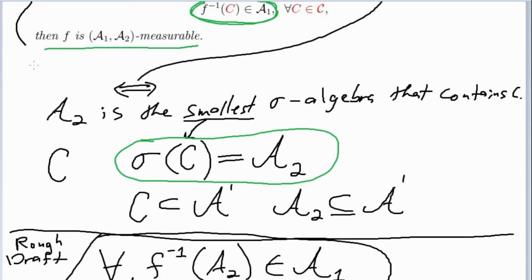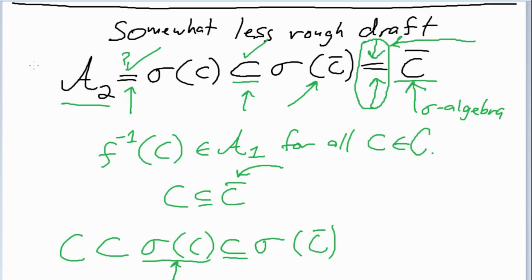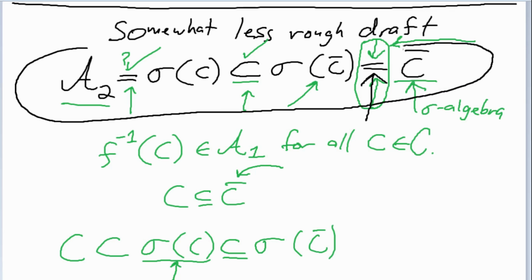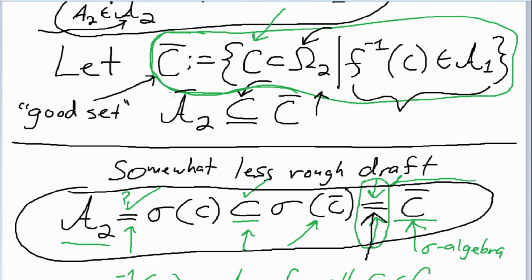So altogether, we see that we've shown now that this equal sign here holds. C bar is itself a sigma algebra, which means that this chain of reasoning here is true, which means that our original plan to show that A2 is just a subset of C bar worked out.